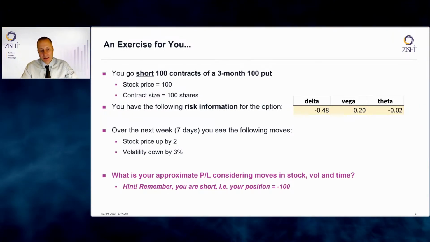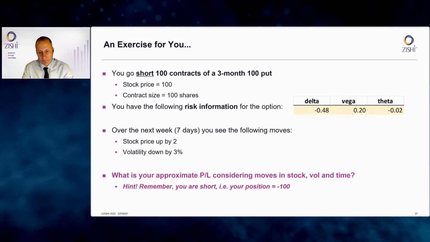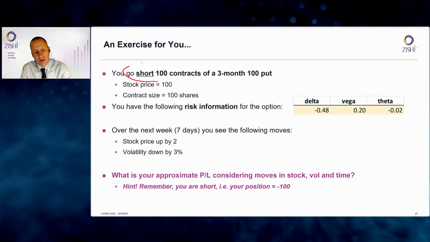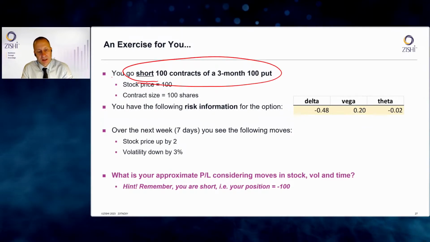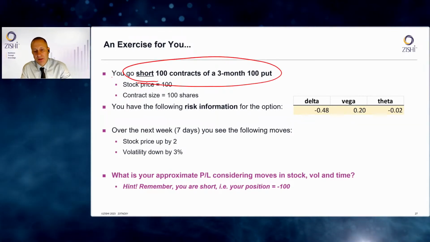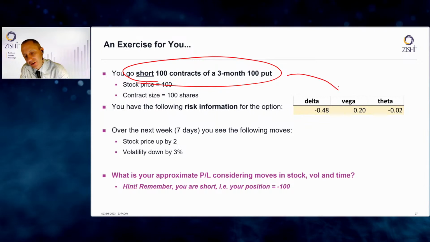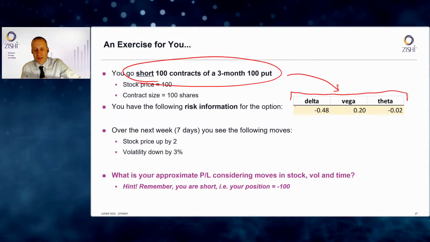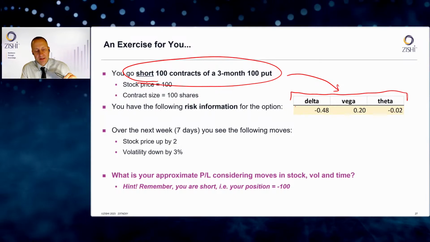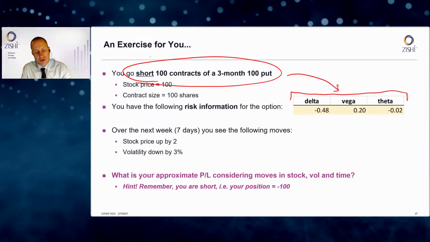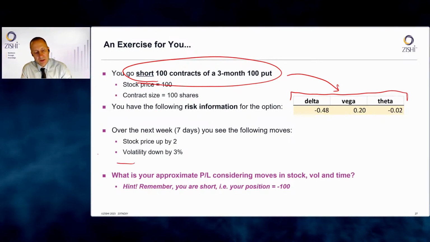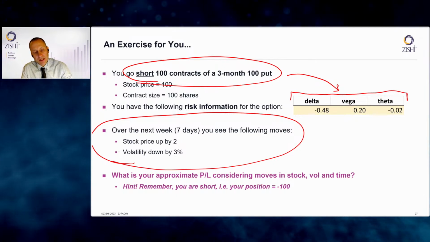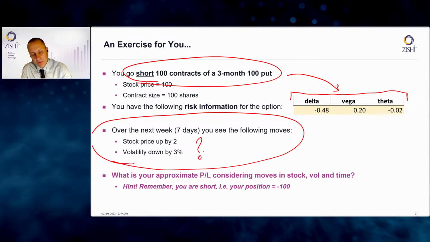So it's an extension of what we've just been doing. What I'm telling you is you've got a short position of 100 contracts in a 3-month put, and these are your risk parameters over here. You've got a delta, a vega, and a theta, and I want you to tell me what happens to your P&L if we get these moves.